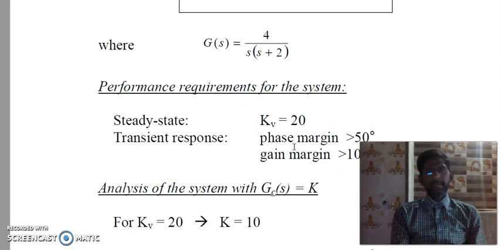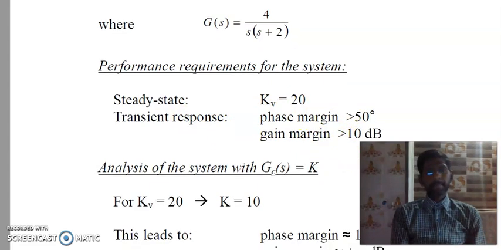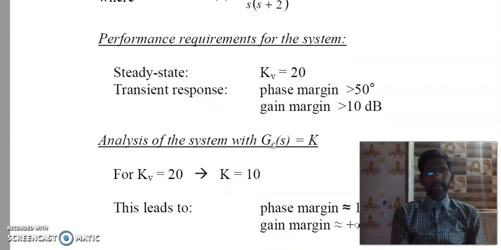The performance requirements for the system: steady state error, velocity constant Kv is 20; transient response, phase margin is greater than 50 degrees; gain margin is greater than 10 dB. These are all the specifications required. We need to design a compensator for these specifications.